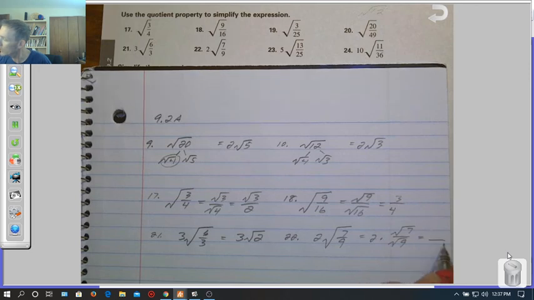The square root of 9 is 3. And remember, this 2 is over 1. So I'm going to multiply the top, which is 2, times radical 7. Now the 2 is out of the radical. The 7 is in the radical. So they do not get to multiply and make 14. It's simply going to make 2 radical 7.